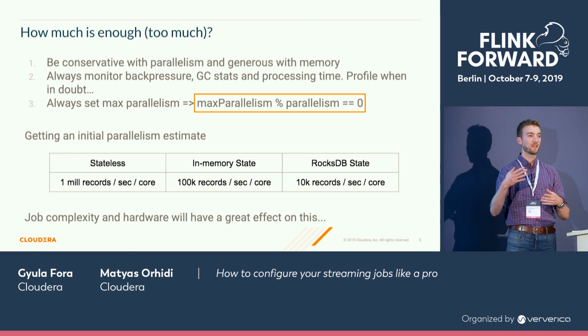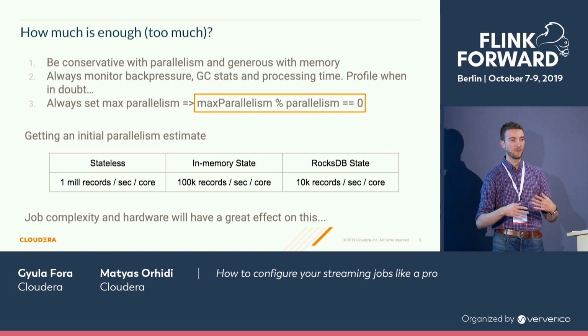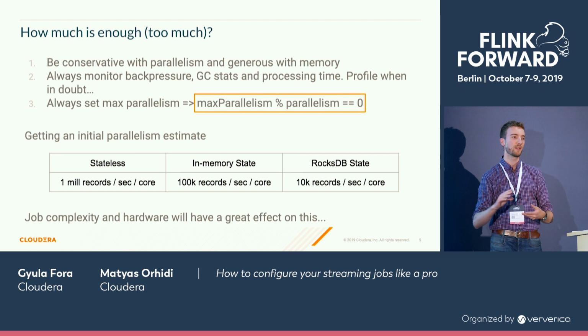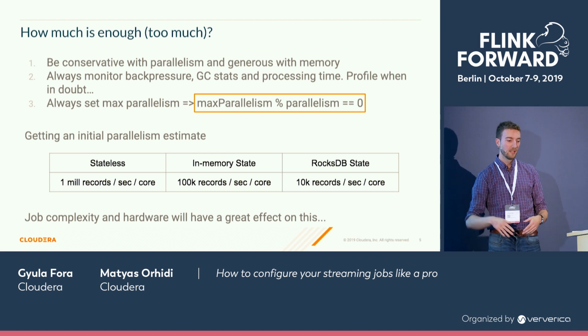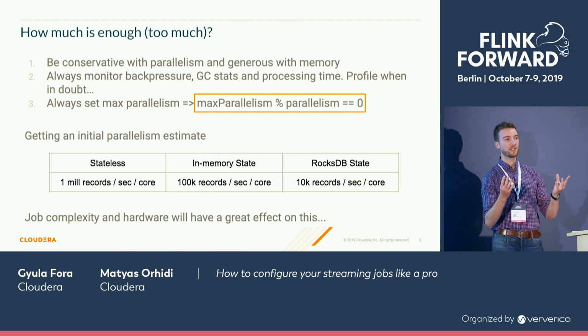It's the maximum possible parallelism to which your job can be scaled up when you change parallelism after you have run the job. So you take a savepoint, increase parallelism, and restart the job. So this is the max parallelism setting that you can set. It also sets the number of key groups that the Flink job has, which is basically a state partition.